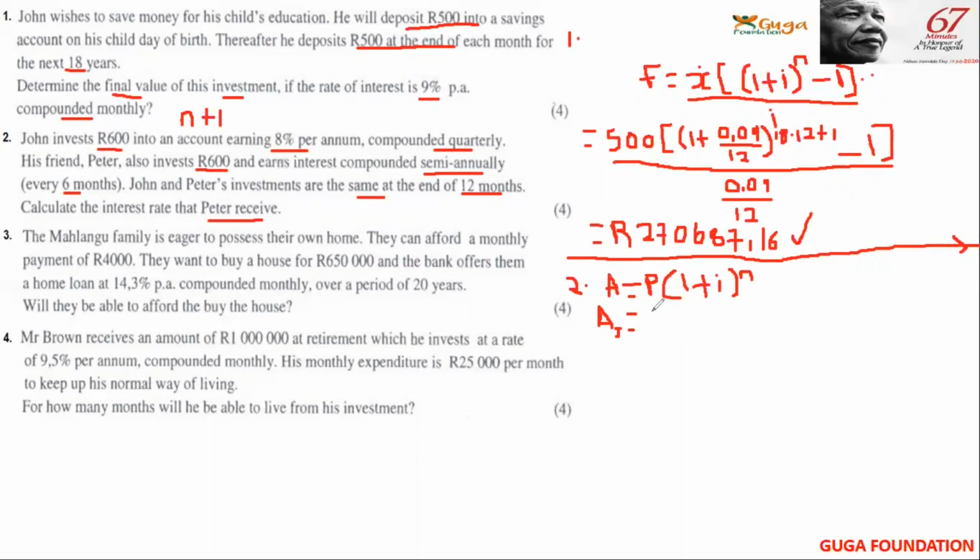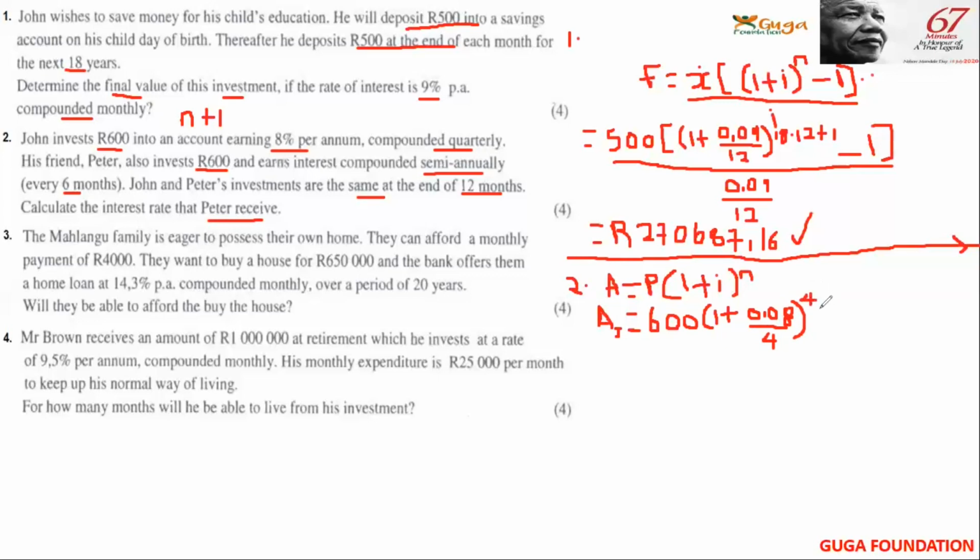Now the amount invested is 600. That's your P. Then it will be 600 into 1 plus, for John it's compounded quarterly, meaning that you have 8%, which is 0.08, divided by 4, to the power of the number of years. 12 months is 1 year, and it's compounded quarterly, so here you'll have 1 multiplied by 4.